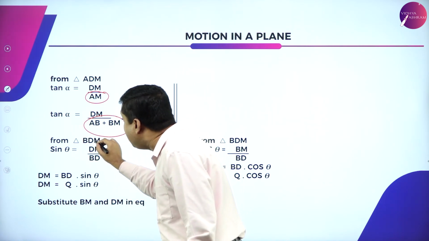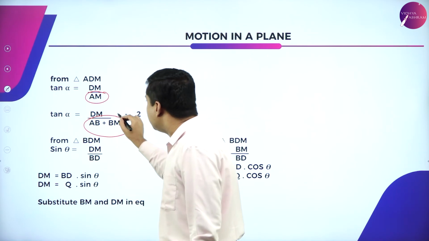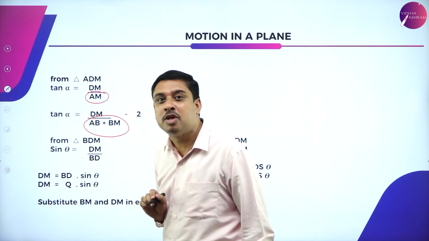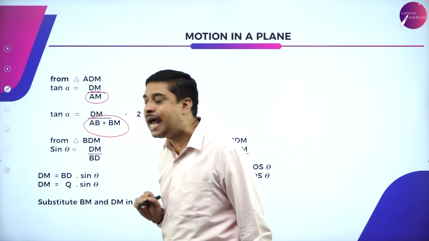From the triangle BDM, DM is the opposite side. When I say opposite side, I refer to sine.